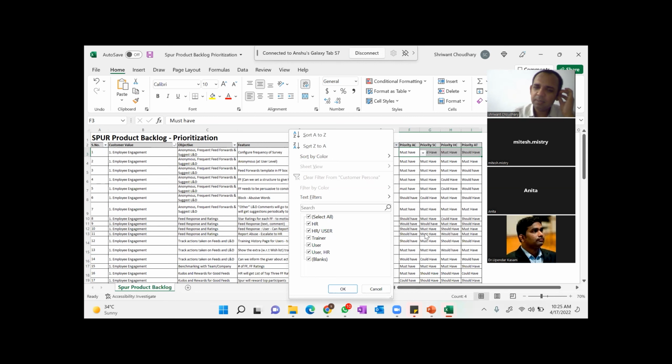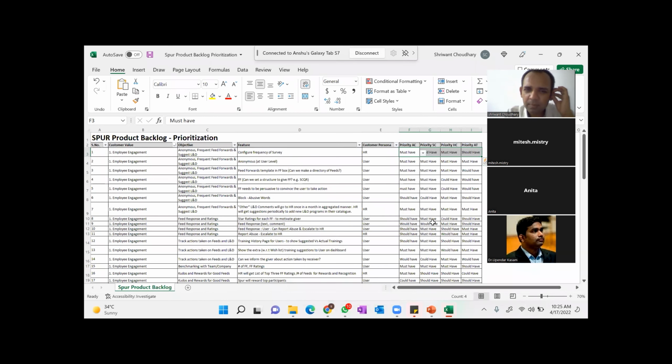So in this case, if you look at the customer value, employee engagement, they all are employees as a user. And for any modules related to administration or reporting and other stuff, that value to the particular component could be for the HR user.